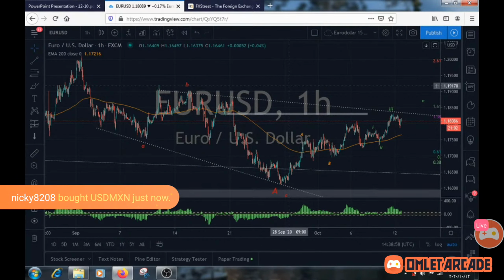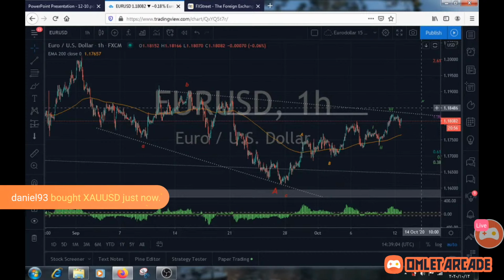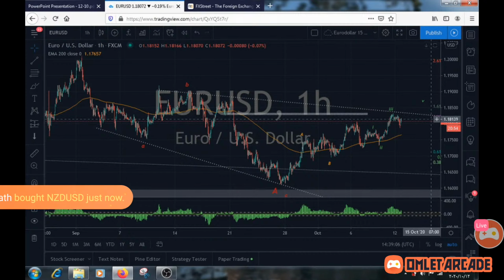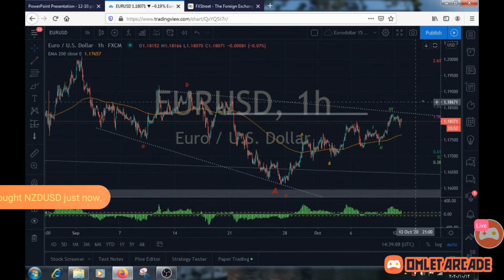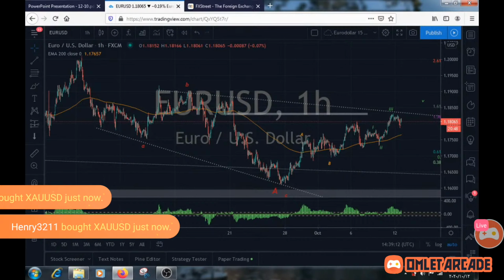At most we would expect to spike above it and complete a wave 5 here at 1.1850, and then we're down on our swing trade.